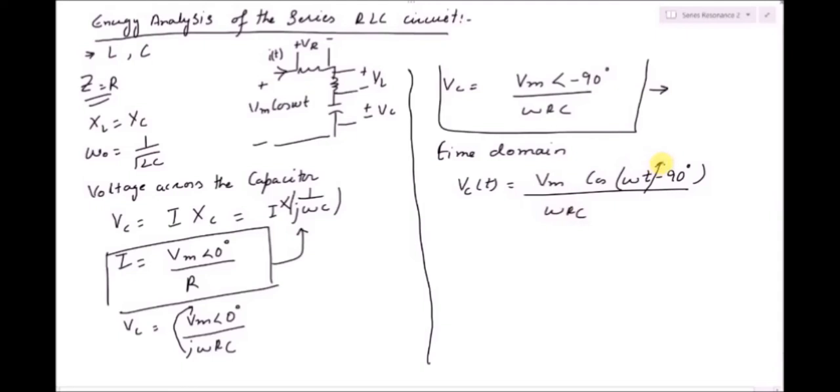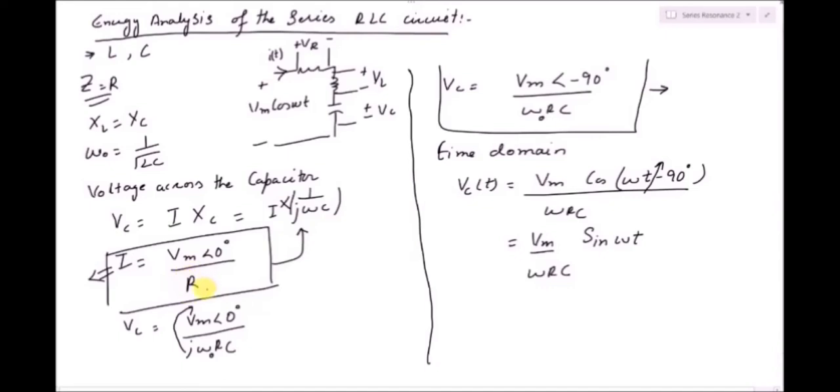If I introduce the phase shift of 90 degrees, the equation will become Vm over omega RC sine omega t. But what we have done is use the current value at the resonant frequency, right? So this omega should be omega naught, because with this current value we considered the impedance equal to resistance.